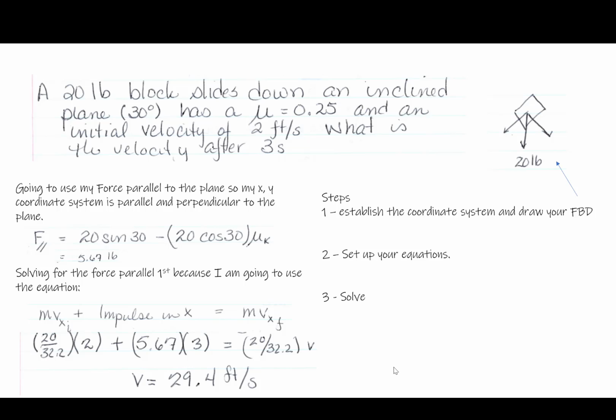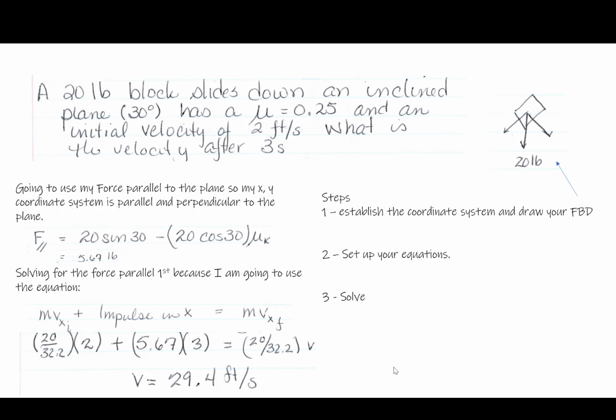So the steps are: establish my coordinate system and draw my free body diagram. So I draw my free body diagram. We're going to use a coordinate system that's along the plane and perpendicular to the plane so that we can look at it that way. And I'm going to calculate the force that's parallel to the plane, or along the plane. So I've got the weight of the block, which is 20 pounds.